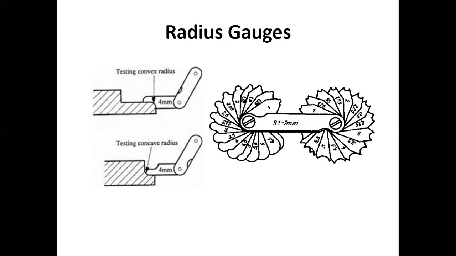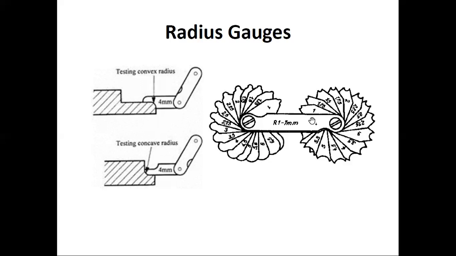Radius gauges. These are some radius gauges also used. Sometimes in the industry, we manufacture a section which has a radius-shaped undercut, like these curve undercuts. So we have to measure this radius with the help of a radius gauge. Convex radius is measured with this radius gauge, and concave is measured with this kind of radius gauge. These radius gauges are available in different sizes.